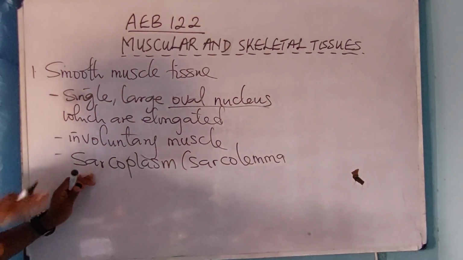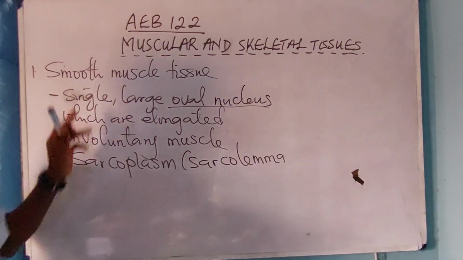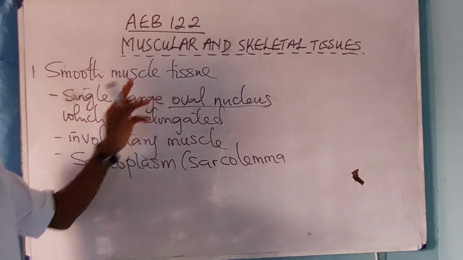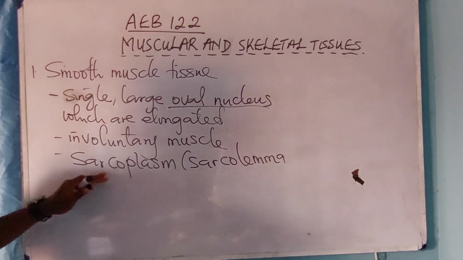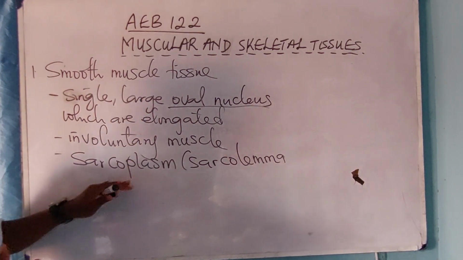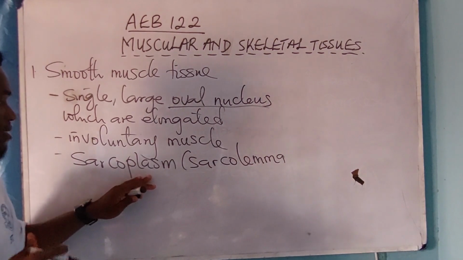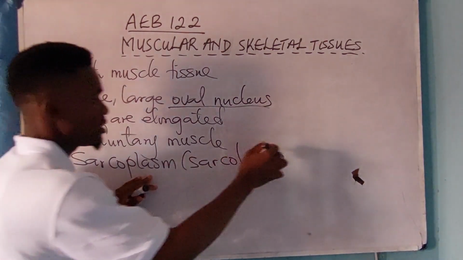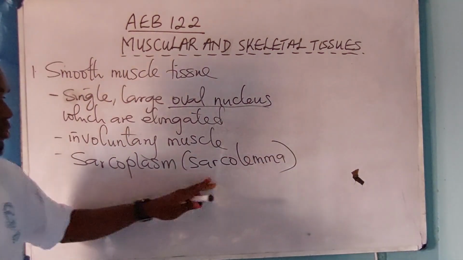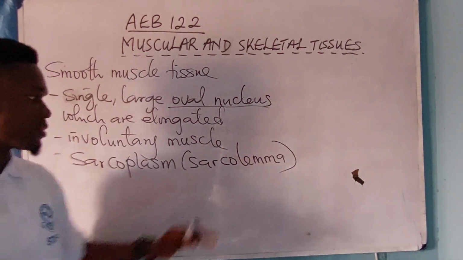So all the cells that make up the smooth muscle are filled with a cytoplasm called sarcoplasm. Now this sarcoplasm is surrounded by a thin, elastic membrane called sarcolemma. So please take note of that.